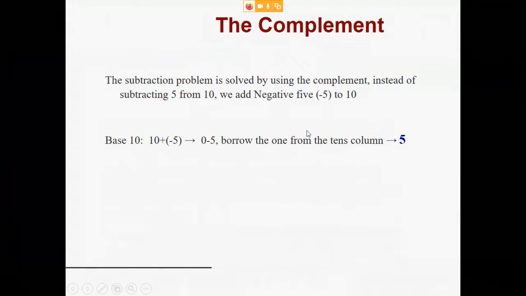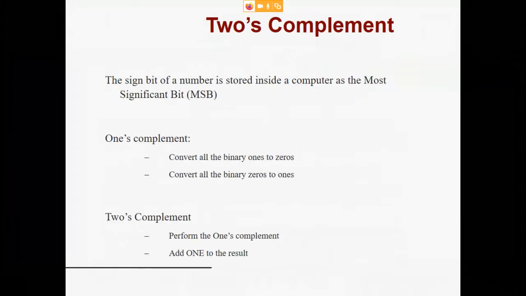All right, so instead of subtracting 5 from 10, if we negate the 5, we can take minus 5 and add it to 10, and that would give us the same value, right? So they came up with this idea that we're going to do a ones complement, and then we're going to do a twos complement.